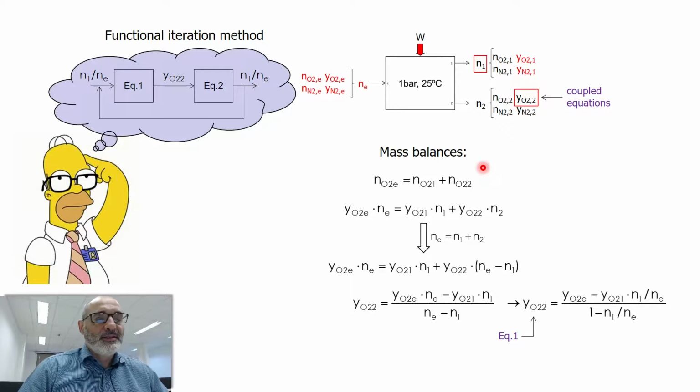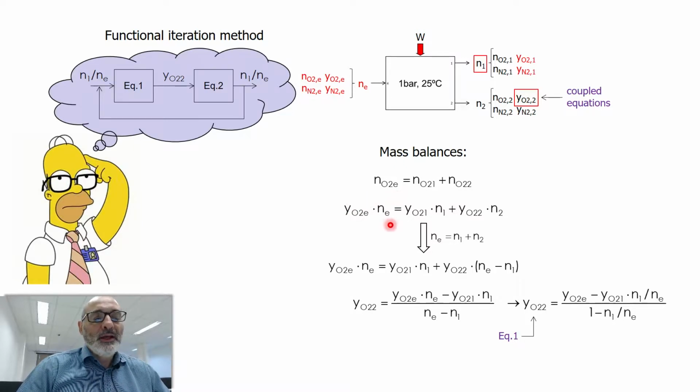Let's see our mass balances. I know that the total molar input flow rate of oxygen is equal to the molar flow rate at 1 plus the molar flow rate at 2. I can write this in terms of oxygen's concentration.